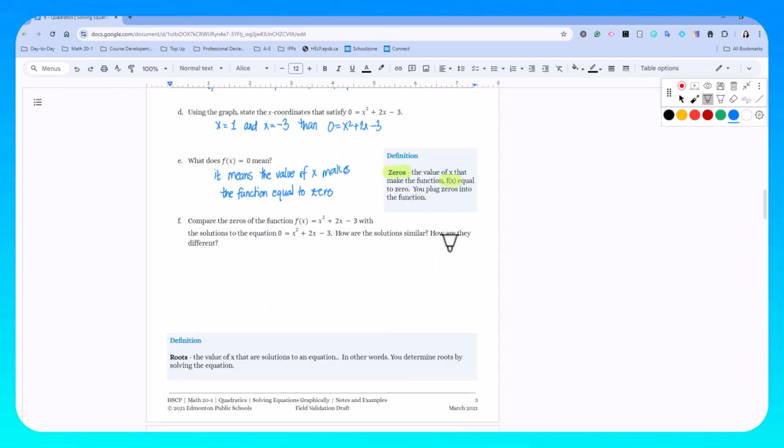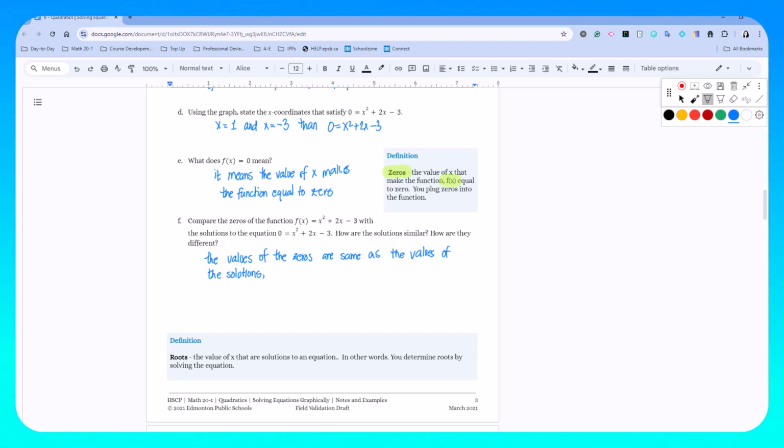So notice that a solution, while it's related to the zeros, we actually are going to have a new name for that, and that's coming in a minute. You probably see it down there at the bottom. But the values of the zeros are the same as the values of the solutions.